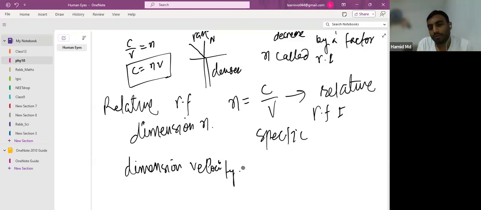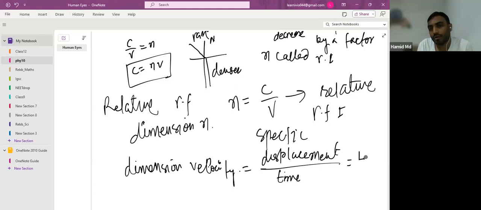What is the definition of velocity? Displacement over time. Okay, so displacement is length, so the dimension is L T inverse, or you may say meter per second, right?